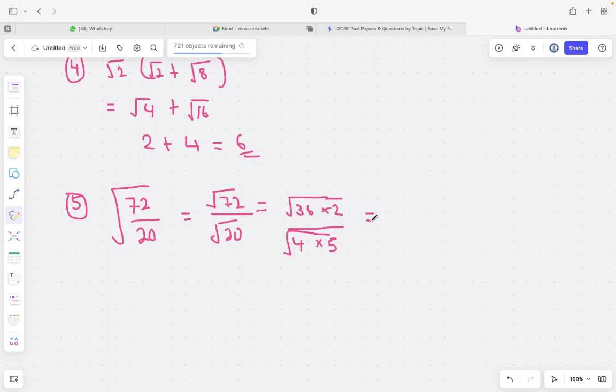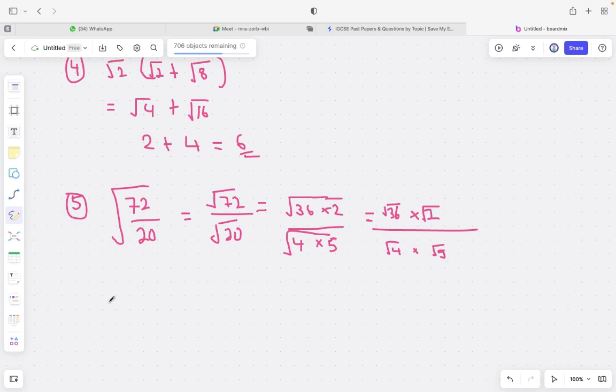The next step is to break each one individually: root 36 times root 2, all over root 4 times root 5.